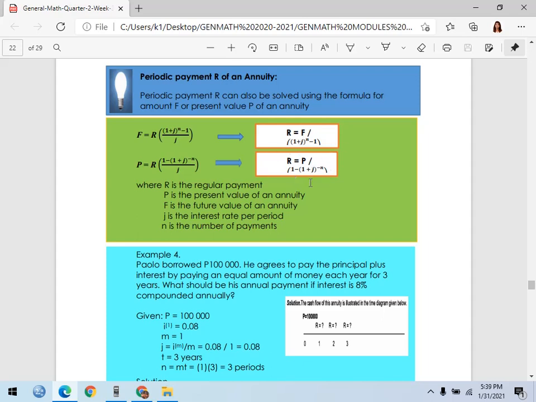On the other hand, kung P naman ang given, pinapahanap yung R, it is given by the formula R equals P divided by 1 minus 1 plus j raised to negative n over j. Take note of that, meron siyang over j dito.